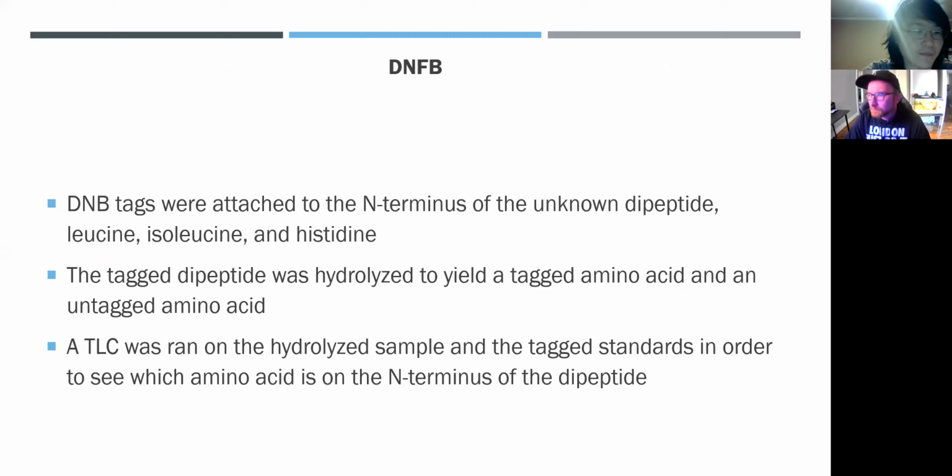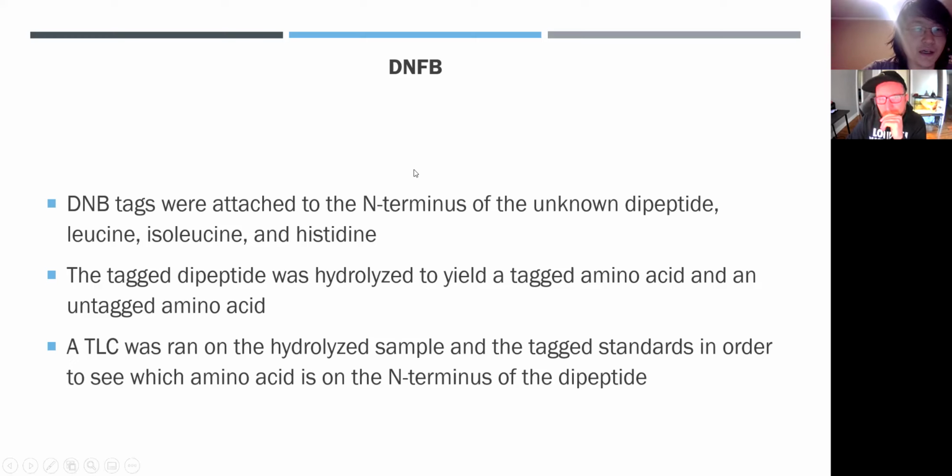Just based on our carbon and proton NMRs, we knew that we had histidine, but we were stuck between leucine and isoleucine as the only other amino acids with the right number of carbons that would match the NMR spectrums, because they're both isomers of each other.